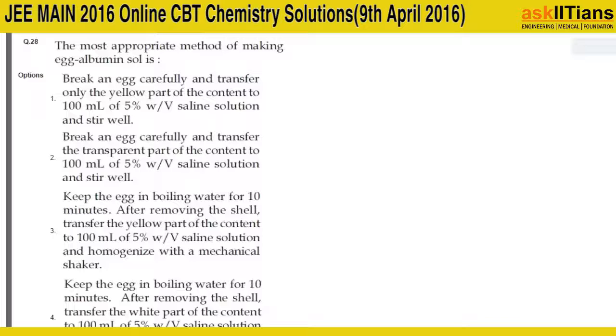Third is: keep the egg in boiling water for 10 minutes. After removing the shell, transfer the yellow part of the content to 100 ml of 5% weight by volume saline solution and homogenize with a mechanical shaker.